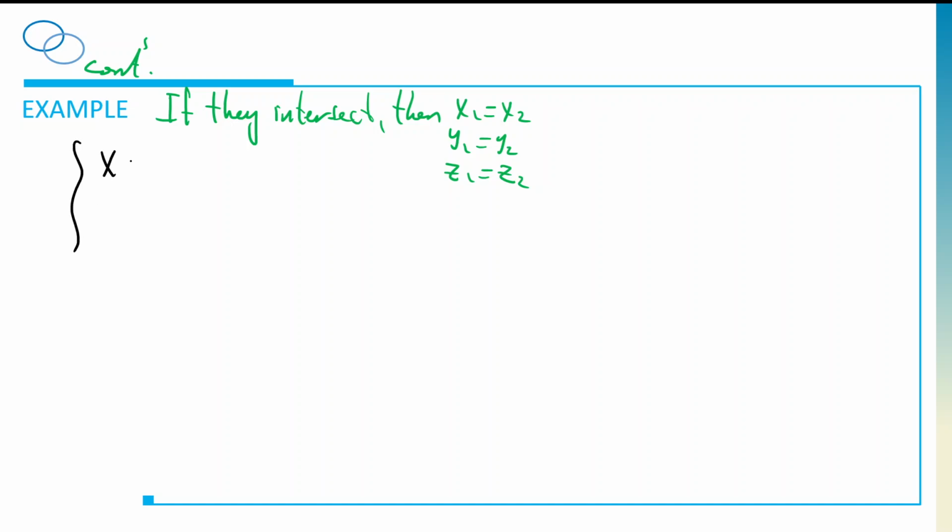So I have x equals negative t plus 2, y equals 2t plus 1, and z equals 2t plus 5.